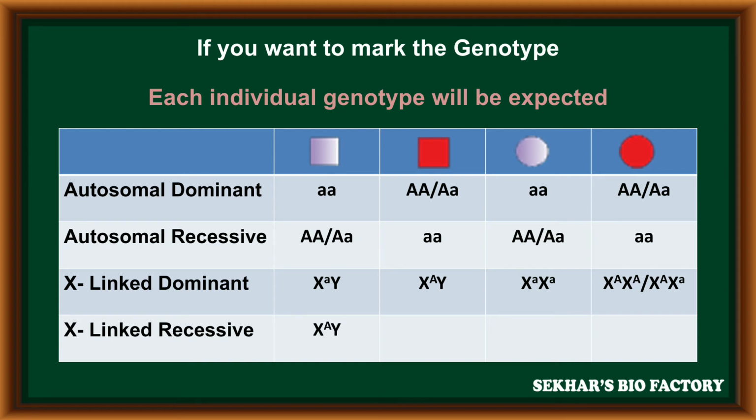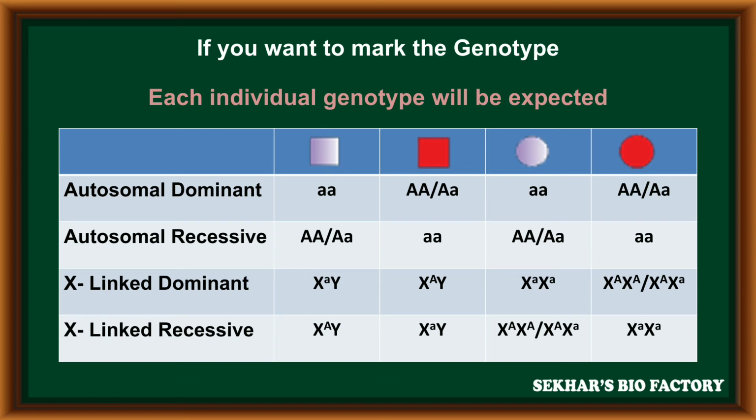And in case of X-linked recessive, the male having a dominant allele becomes unaffected. Males are affected when the X chromosome has the recessive allele in the form of X small a Y. The females are unaffected in X-linked recessive if they have X capital A X capital A or X capital A X small a, and a female is affected in X-linked recessive if both X chromosomes have recessive alleles, like X small a X small a.